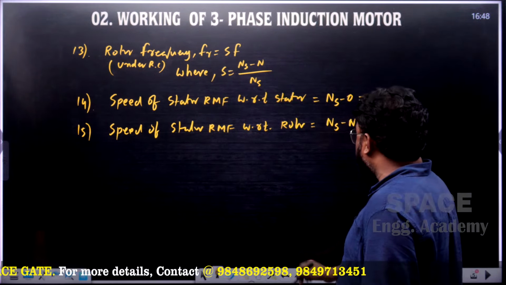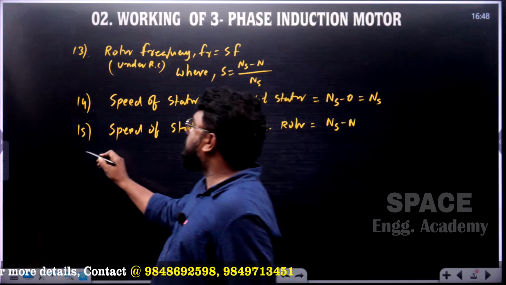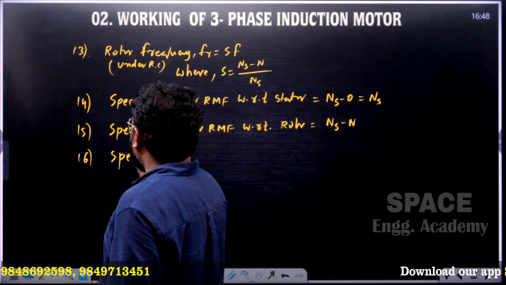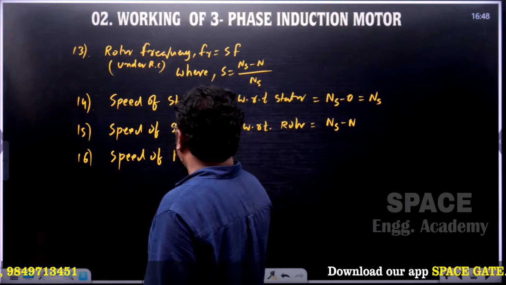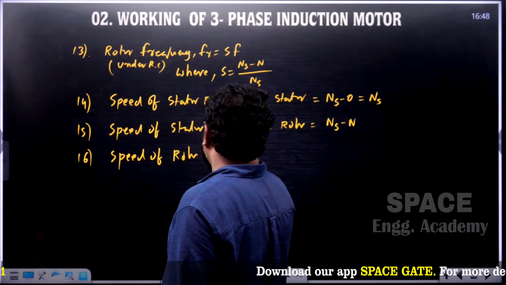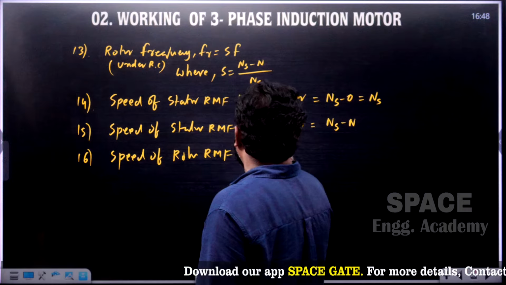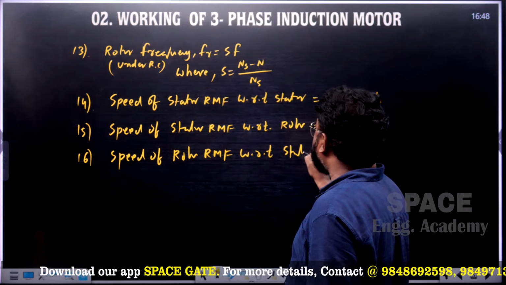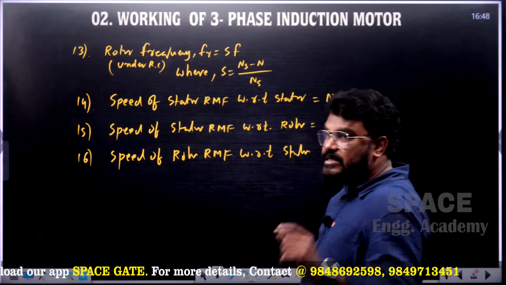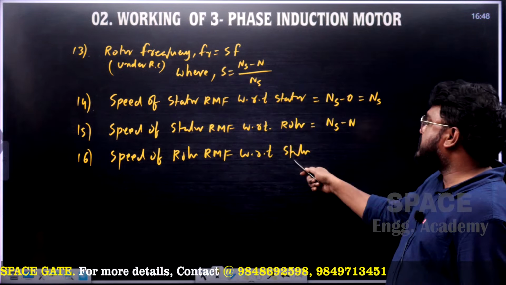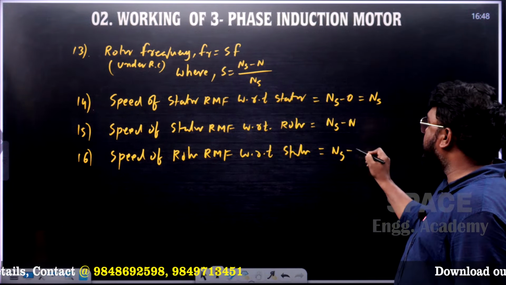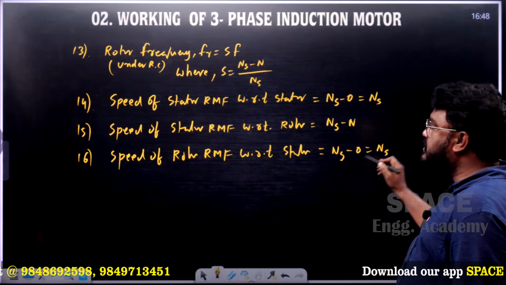And one more possibility of the question: the speed of the rotor RMF with respect to the stator. The rotor field is ns and the stator speed is equal to 0, and therefore ns minus 0 is equal to ns.